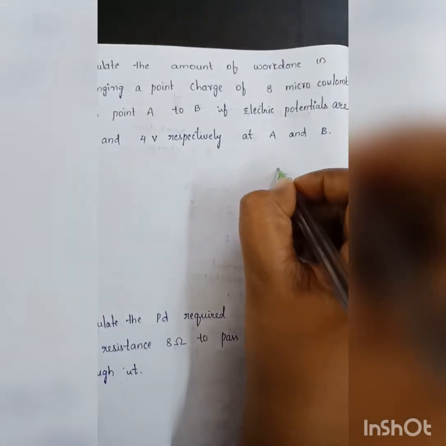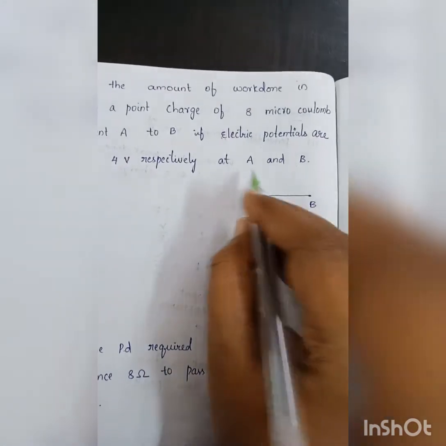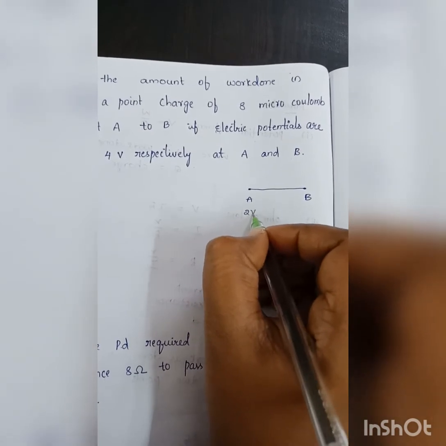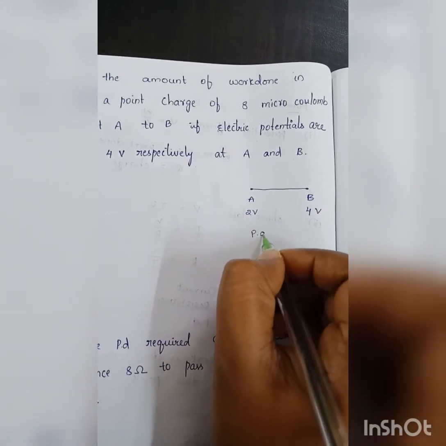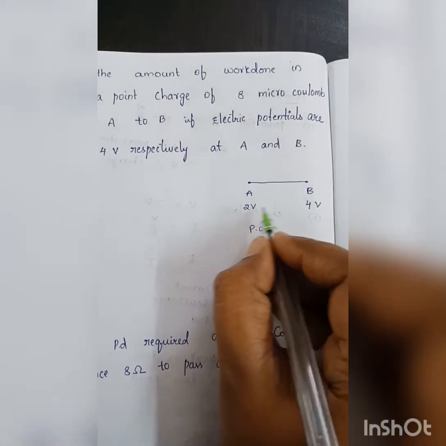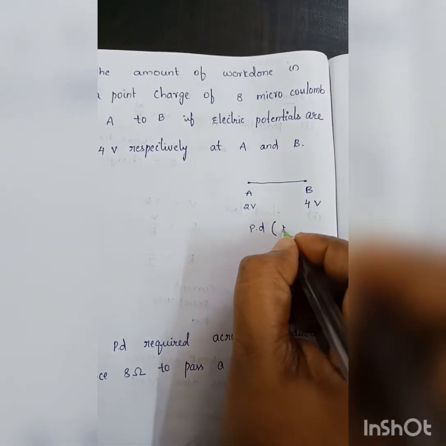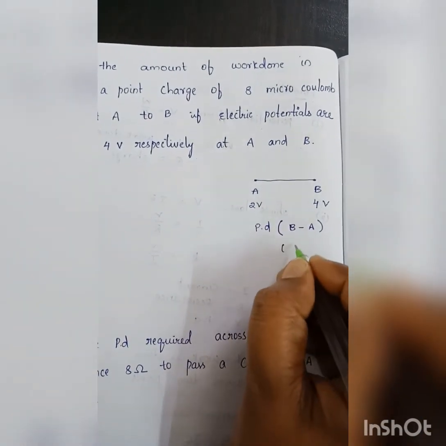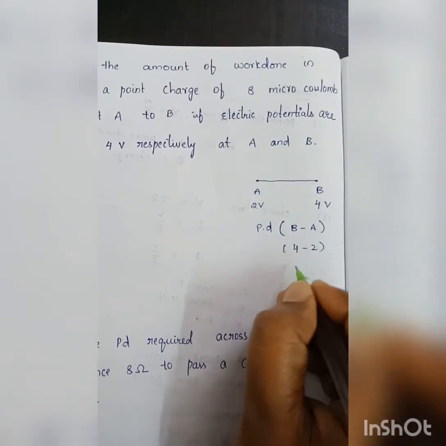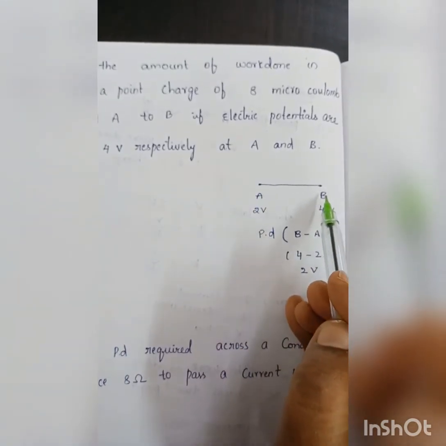For example, it is a conducting wire with the points A and B, and the potential at point A is 2 volt, potential at point B is 4 volt. What is the potential difference? Potential difference is nothing but difference between the potentials of the 2 terminals, that is potential at B minus potential at A, which is 4 minus 2, that is 2 volts is the potential difference that develops between the points A and B.